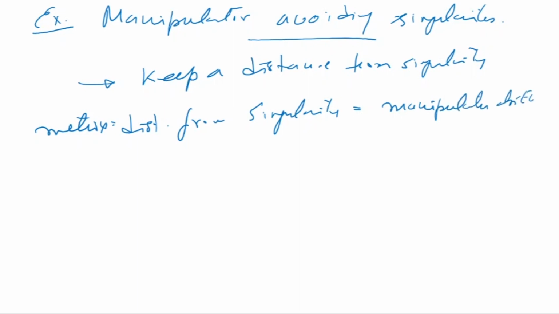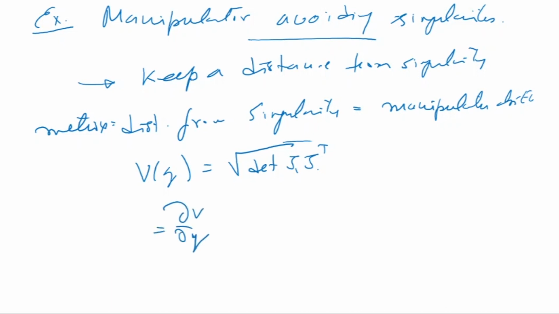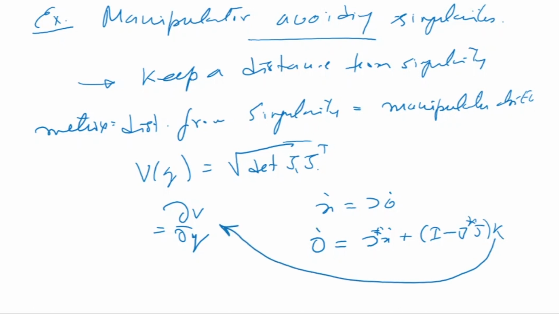So basically if I write my function V(q) to be the manipulation ability, the determinant of J J transpose, then what I can do is find the derivative dV by dq and follow that. This will become my constant. So in my equation, x dot is equal to J theta dot, equal to J hash x dot plus (I minus J hash J) K. So this one is this one now.